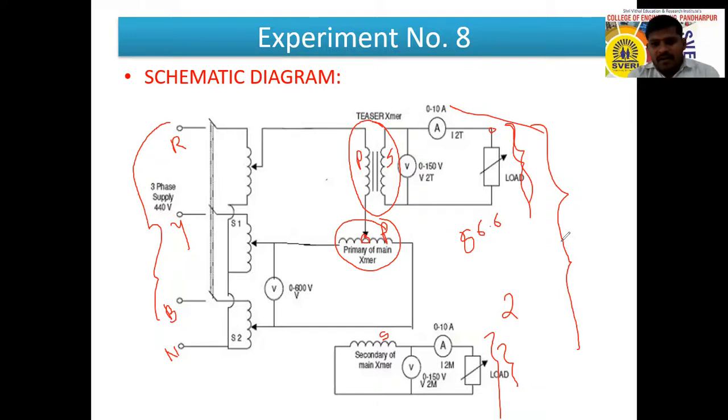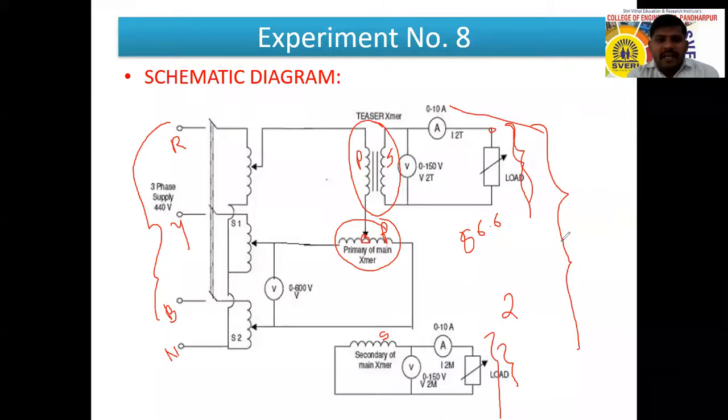You generally know the welding transformer is in the form of two phase, and furnace type loads are also two phase. So to give supply to a two phase load, we require a three phase to two phase conversion, right?